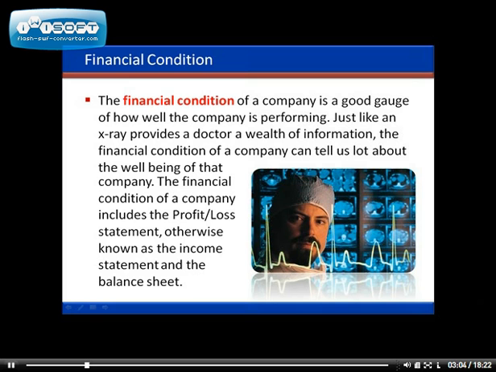And also the balance sheet, which is a highlight of the business assets and their liabilities. Liabilities include their long-term debt or their short-term debt. And we'll cover these different financial statements in another video tutorial. But just understand that you have to research the financial condition of a company to find out how the company is performing.